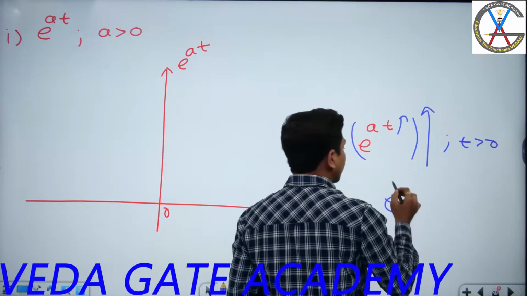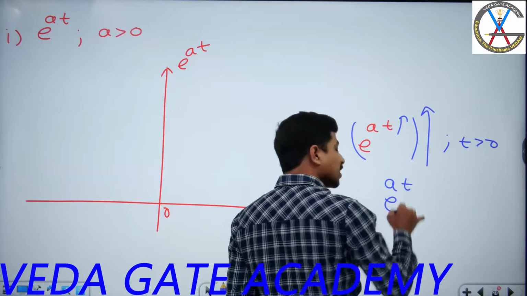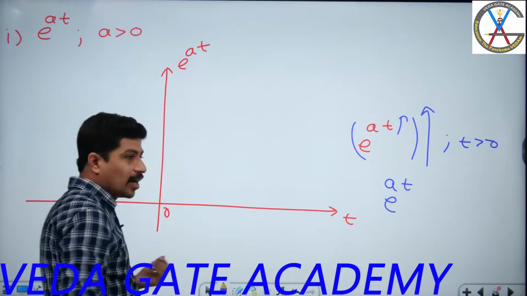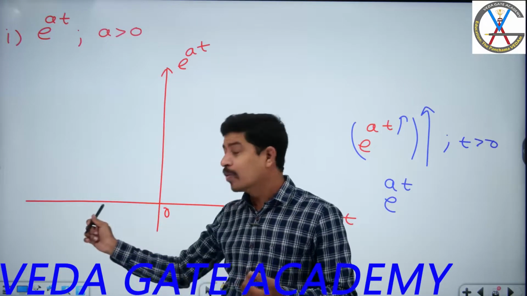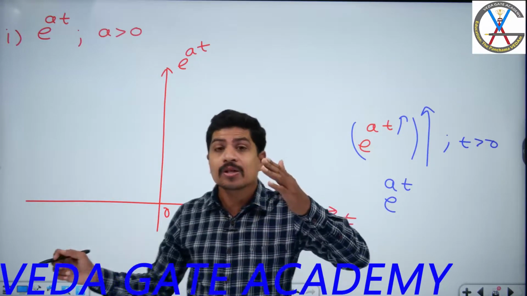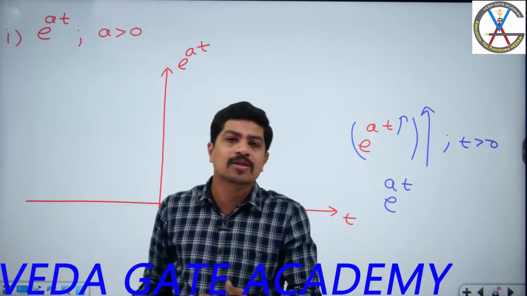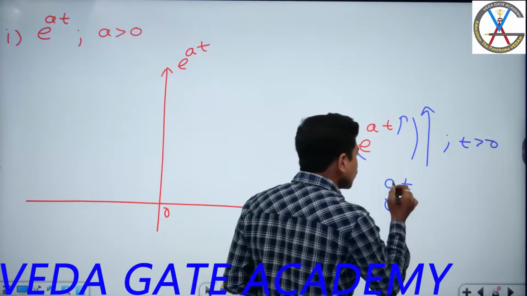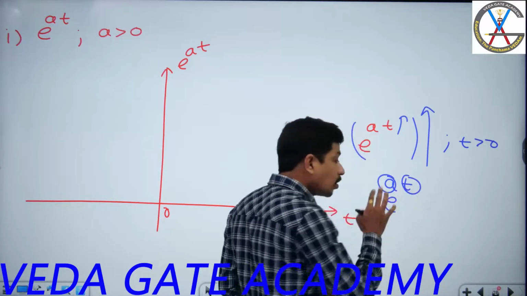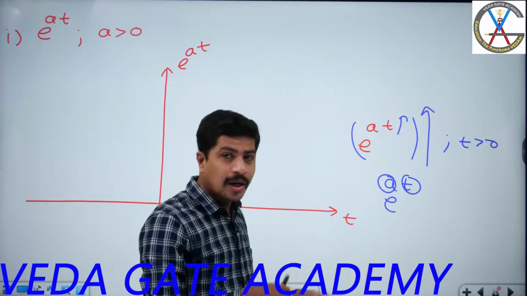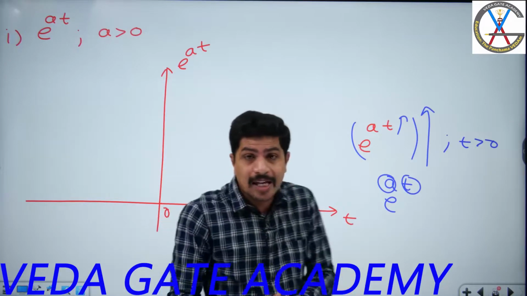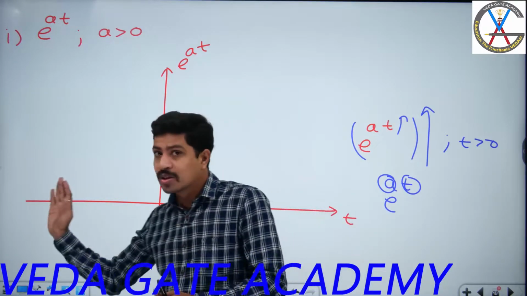Now, e power at for t less than 0, means this side. Negative side it is increasing, meaning minus 2 is more negative when compared to minus 1. Positive into negative will be negative, and that multiplication keeps on increasing as you move away from the 0 axis towards the left side.